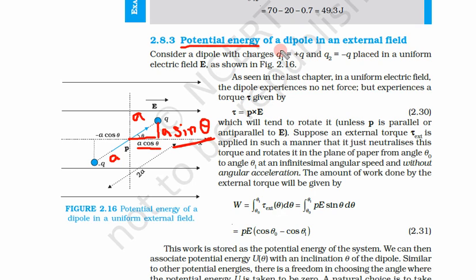For comparison, please look at that derivation in the first chapter, where we considered a dipole in a uniform external electric field. So now this is a sin theta, and this one is a cos theta. This is a, this is a, this is the minus q charge, this is the plus q charge, and this is the direction of the electric field, and this dipole is making an angle theta with this electric field.